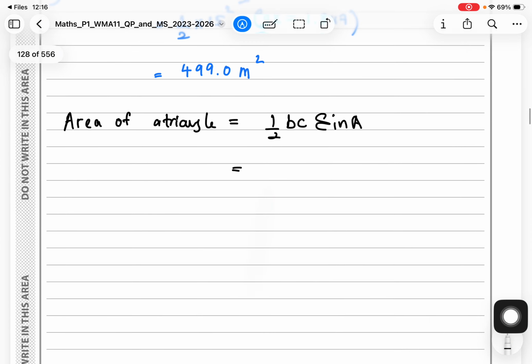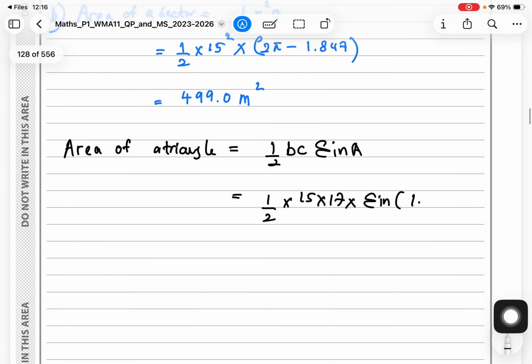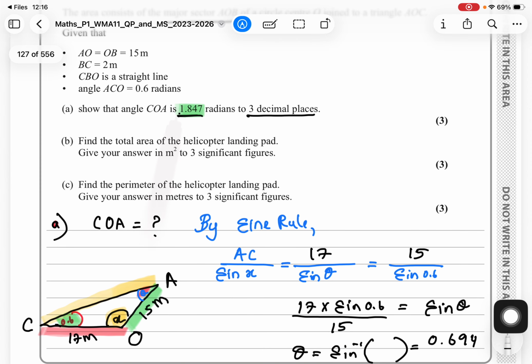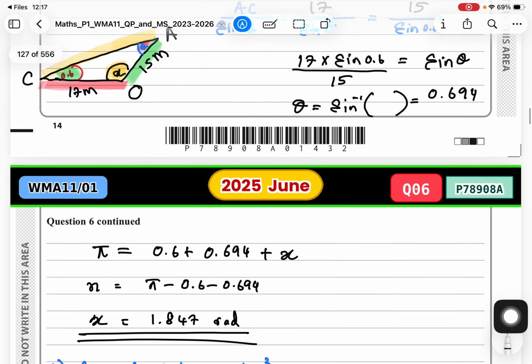So it's half into 15 into 17 into sine 1.847. So actually in such questions, they are giving you the COE angle like this in the first part so that you can use it for consecutive values if something goes off.